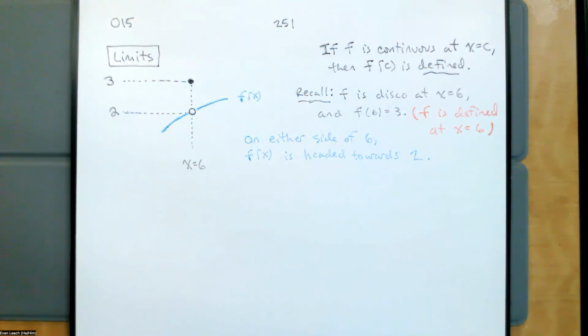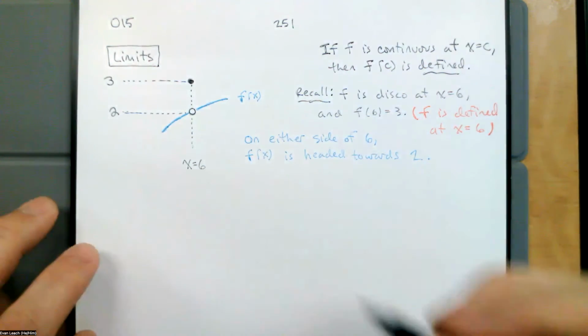So if we plug in values of x that are close to 6, but not 6, we get values that are close to 2.